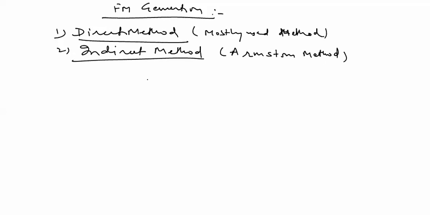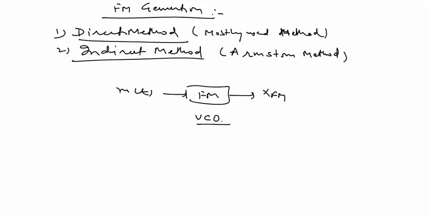In the direct method, we are generating FM directly. What is the idea of direct generation? We apply the input message signal and directly generate the FM signal. No intermediate step is involved. For FM generation, we use a voltage controlled oscillator, because FM is basically amplitude variation converted into corresponding frequency variation.